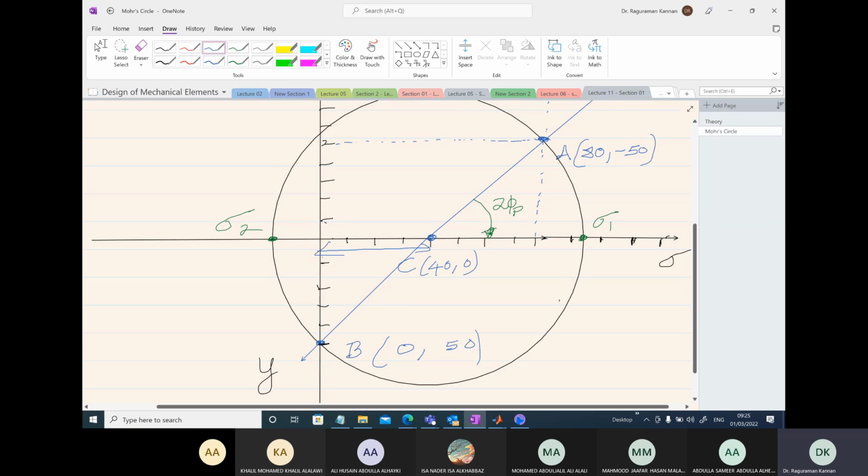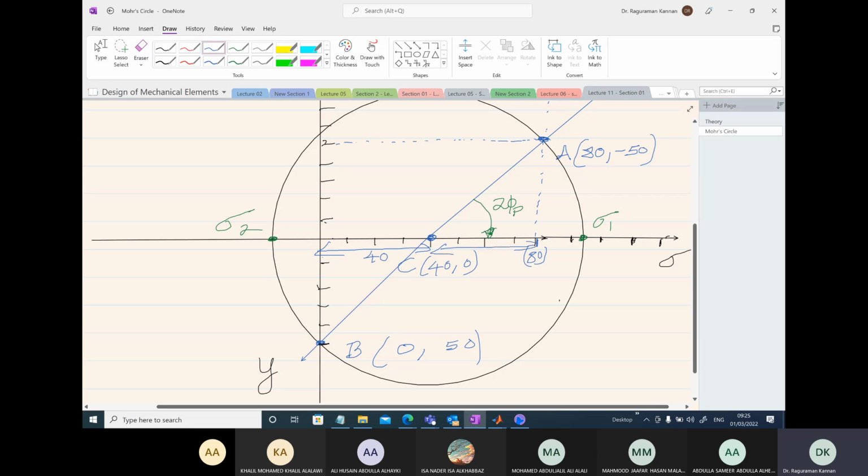We know this is 40. This distance is 40 because the coordinate is 40. We also know at point A, the value is 80 and the height here is 50. Okay, so which means corresponding to this point here, the coordinate is 80, corresponding to this point, right? So what is the horizontal distance here?